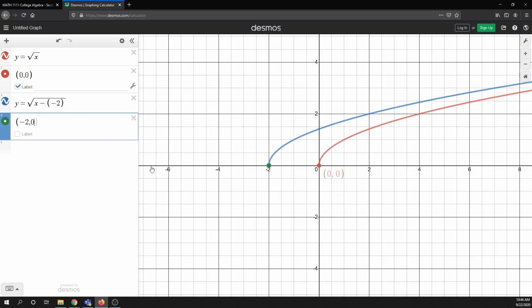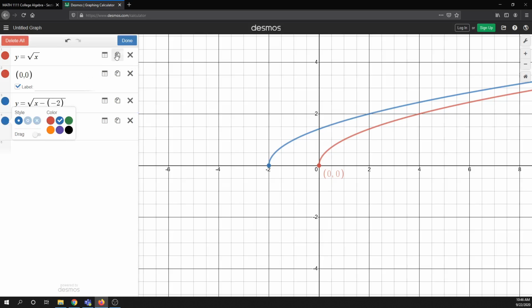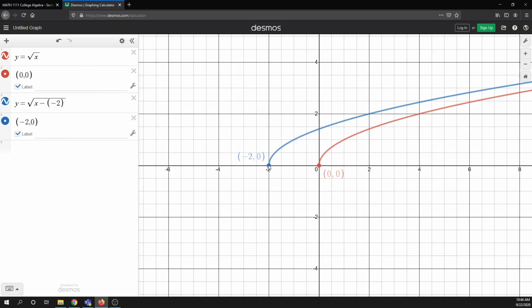And that point will get shifted two units over this way. So again, you have to write it as x minus a number, and then you see that -2 right there. To get the correct k on these horizontal shifts, you've got to write it as x minus a number.